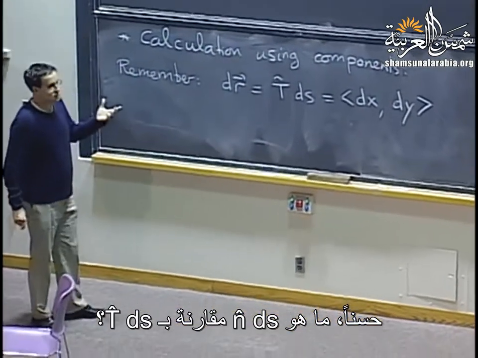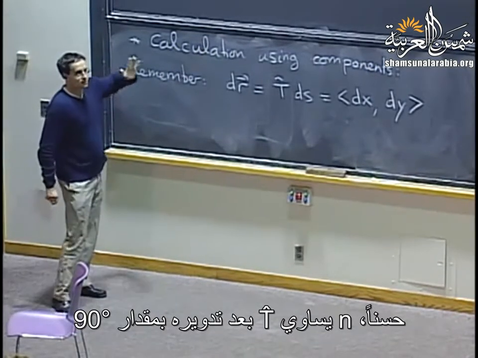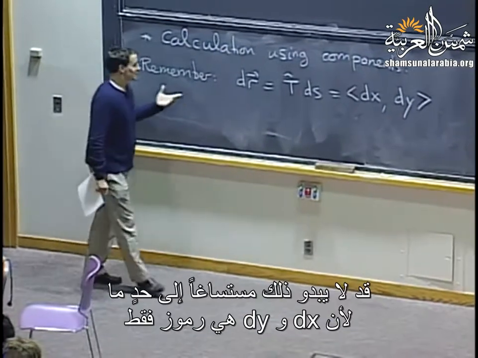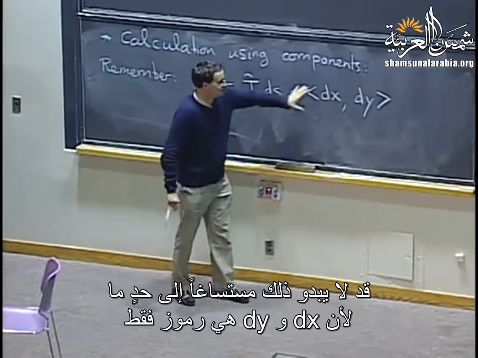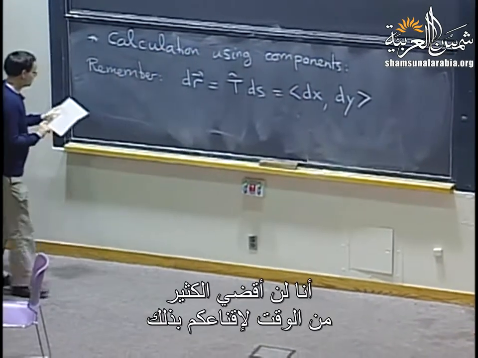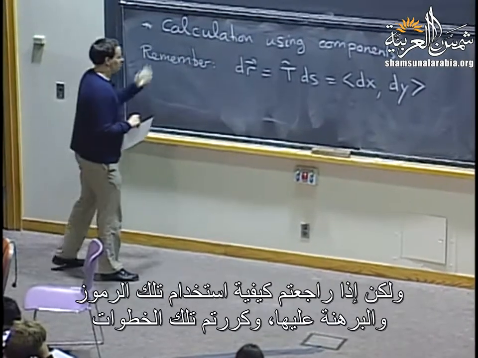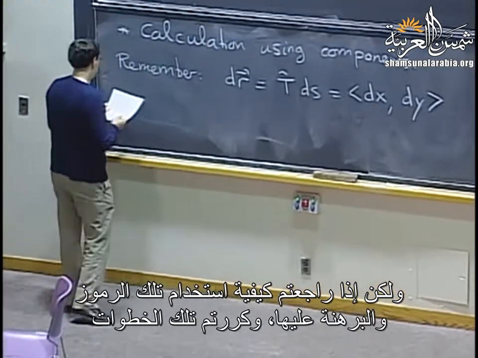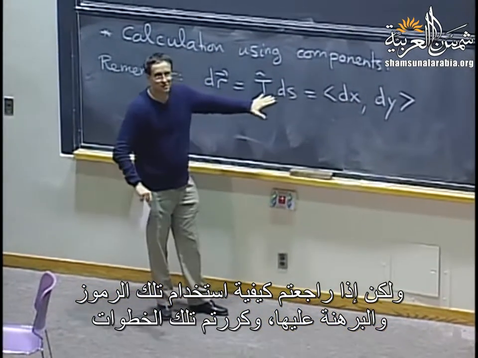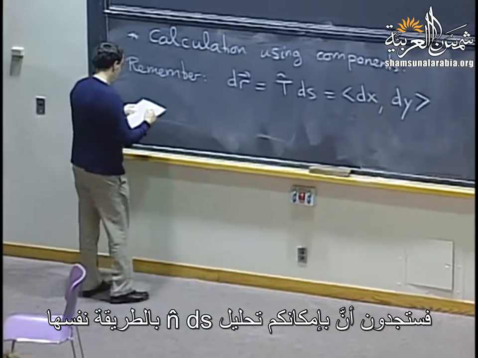So now, let's think for a second about how we would express N ds. Well, what is N ds compared to T ds? N is just T rotated by 90 degrees, so N ds is T ds rotated by 90 degrees. That might sound a little bit outrageous because these are really symbolic notations, but it works. I'm not going to spend too much time trying to convince you carefully, but if you go back to where we wrote this and how we tried to justify it, and you work your way through it, you will see that N ds can be analyzed the same way.